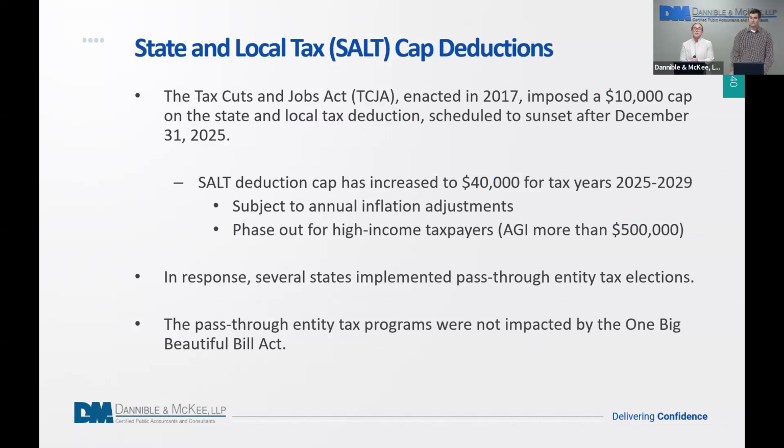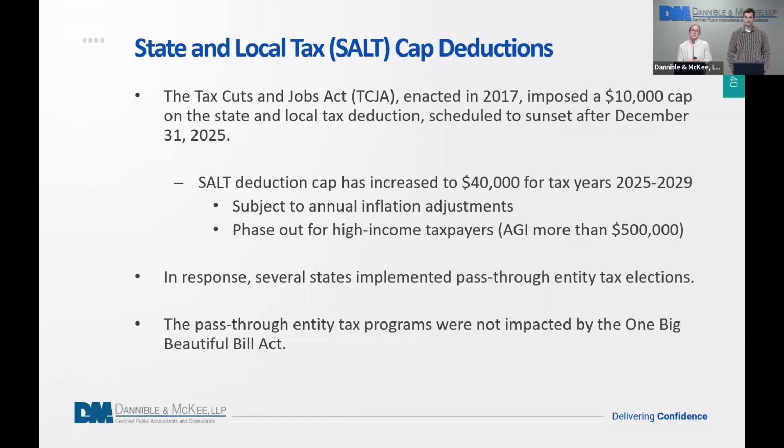Some of the other items of note that came out of the One Big Beautiful Bill Act would be the SALT cap limitations. The TCJA in 2017 imposed a cap on the state and local income tax deduction for individuals of $10,000. That was scheduled to sunset at the end of this year. The One Big Beautiful Bill Act has increased that to $40,000, and that's set to sunset in 2030.